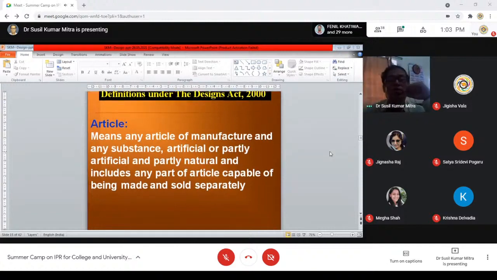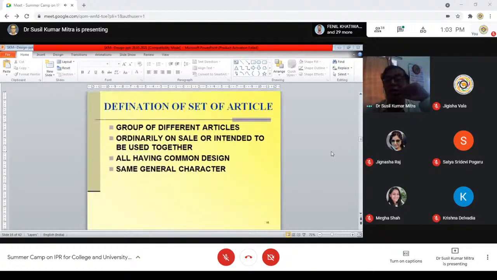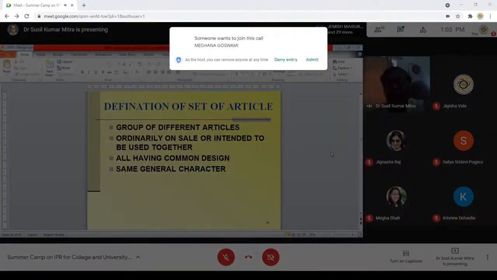Now, if I go to the definition of a set of articles. A set of articles also can be registered under design by a single application. What do you mean by set? Set means, say, a cup set, or a sorbet set, or a glass set, where the articles are ordinarily sold or intended to be used together.